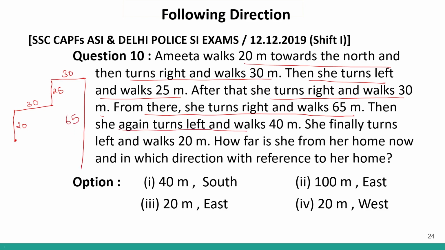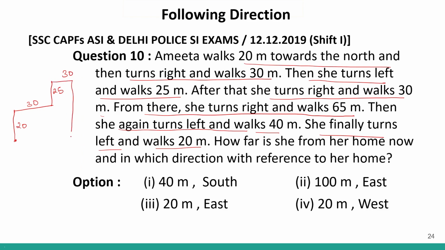Then she turns left again and walks 40 meters. So from here, left will be over here, 40 meter. And then she finally turns left and walks 20 meter. So let me just make it a little smaller. Okay.